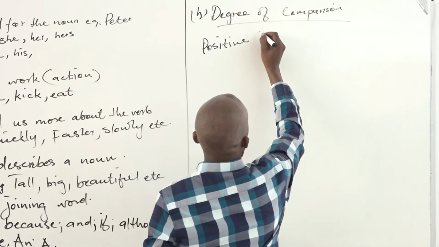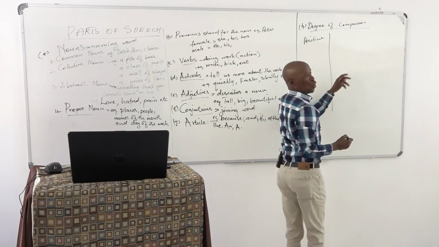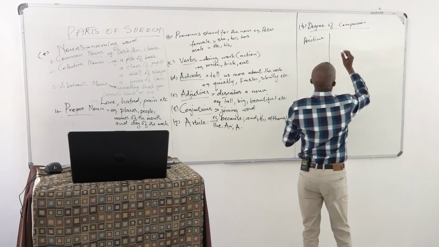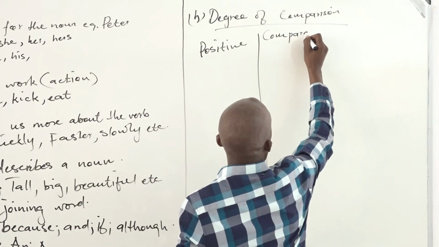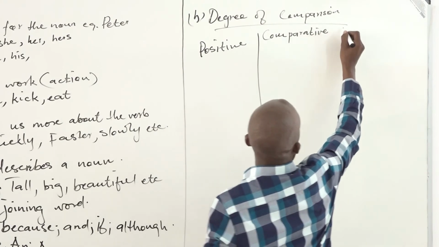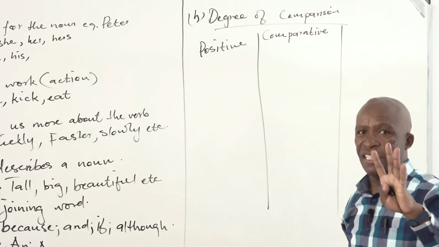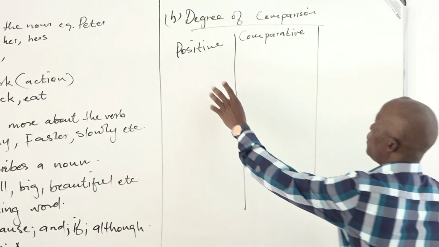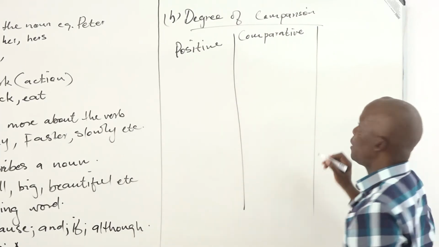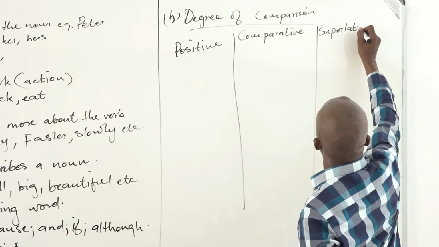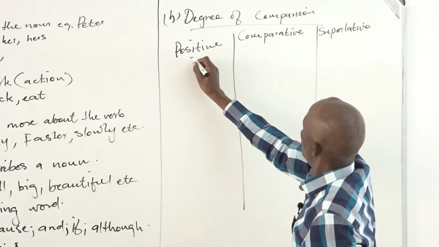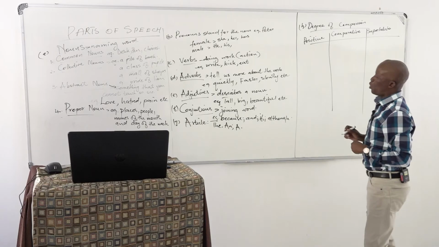Then followed by the comparative. And the last one, these are only three degrees of comparison: the positive, the comparative, and the superlative.